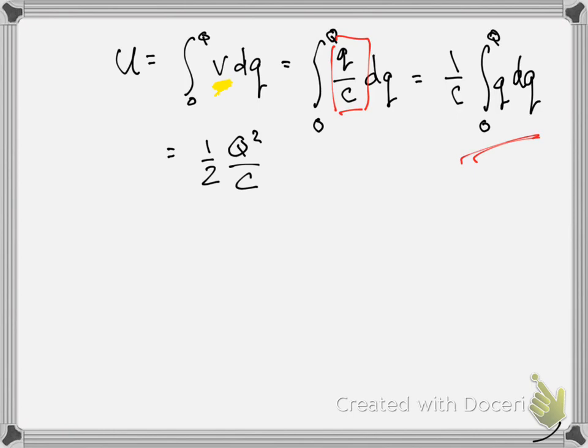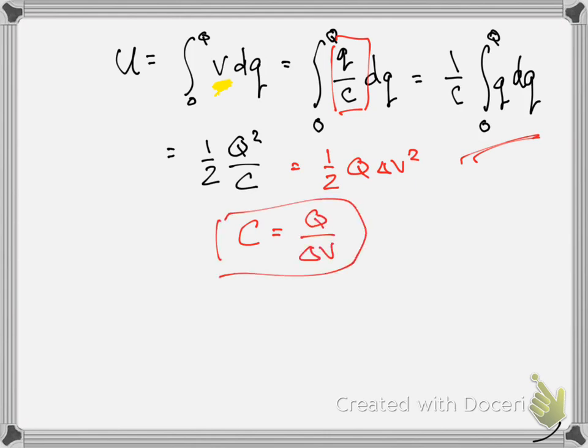Oh, wait, but that's not what we said before. We said that it's 1/2 Q delta V. Well, actually, yes, both of those are correct, right? Because C is equal to Q over delta V. So therefore, because C is equal to Q over delta V, that is why these two are equal, because you can just go ahead and make that substitution.